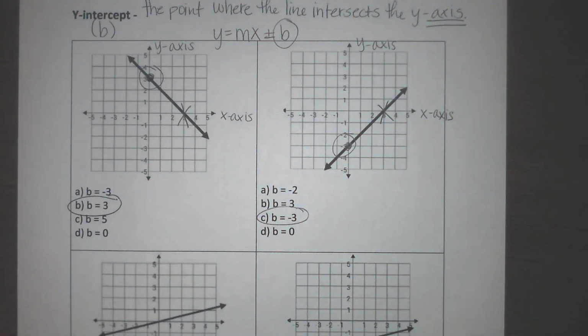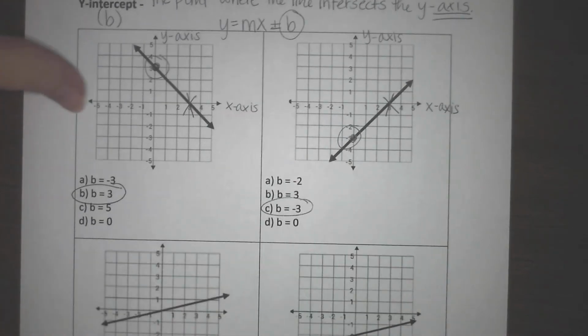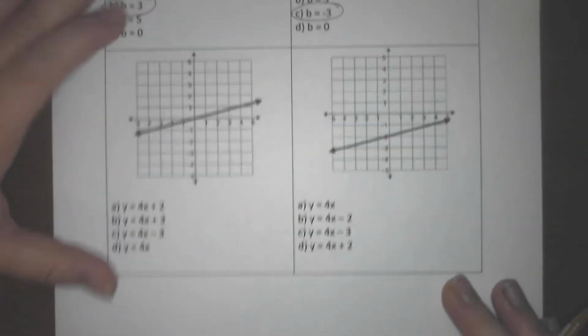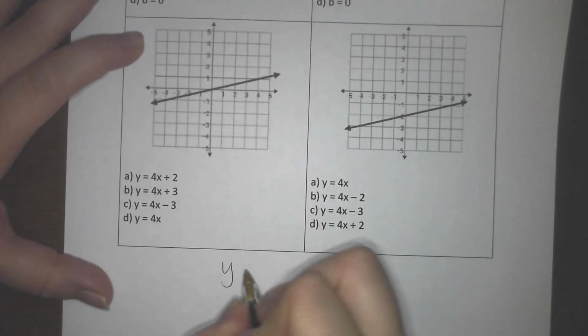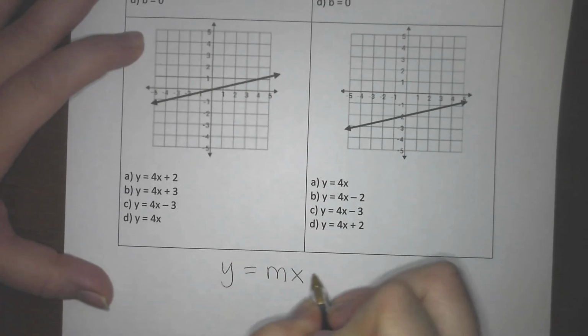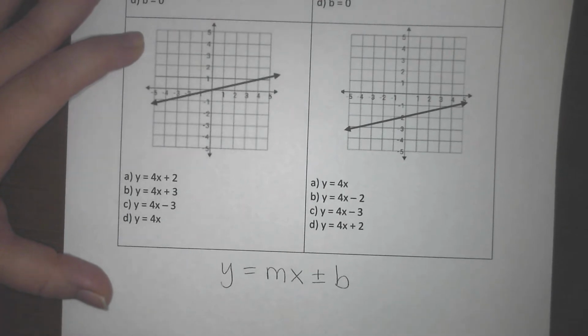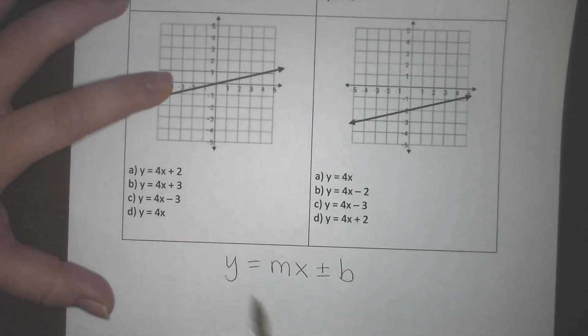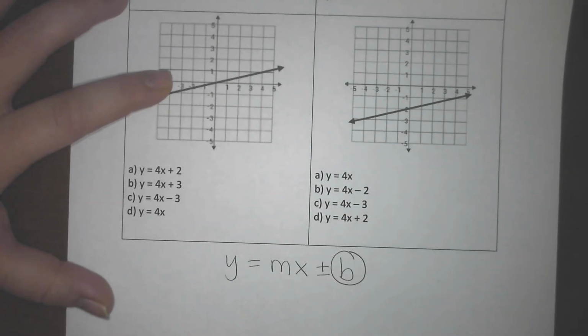Now it gets a little bit more complicated when you have equations, but it's really not. So let's move down. Remember, we want y equals mx plus or minus b. I know that looks confusing, but you're just going to be given numbers, and all you care about is the one that's by itself, the number that does not have an x.